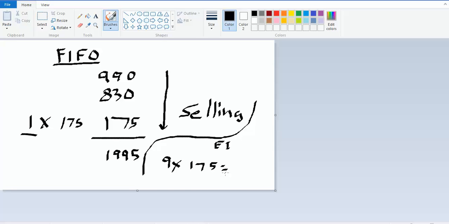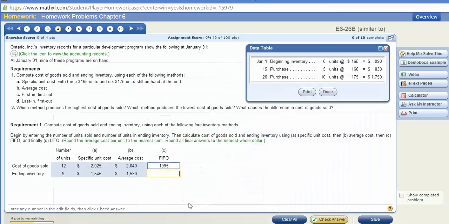It sells the oldest stuff first, and it keeps the newest stuff. And that happens to be that 175. So 9 times 175 gives us 1575. And that's what we put here, 1575.